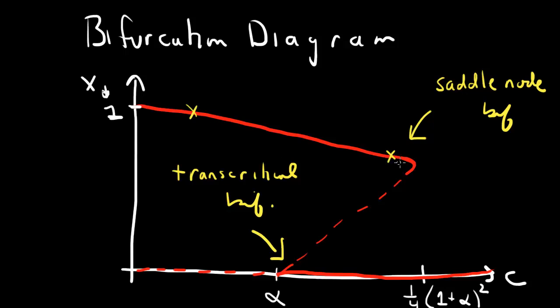Because the problem here is that if you increase the quota beyond a certain point, let's say to here, then what will happen is that the fish population can crash. So this is a jump bifurcation. Right?